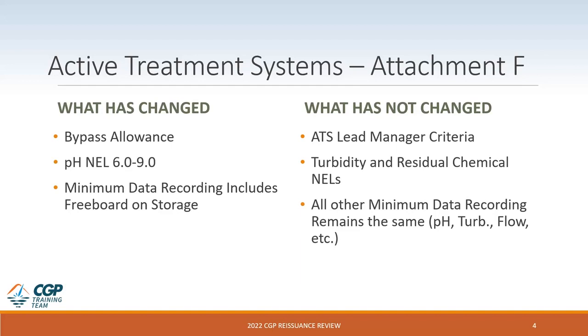What that means is that the freeboard in your basins, tanks, or storage devices, whatever that may be, is to be recorded every 15 minutes and reported along with turbidity, flow, and pH.